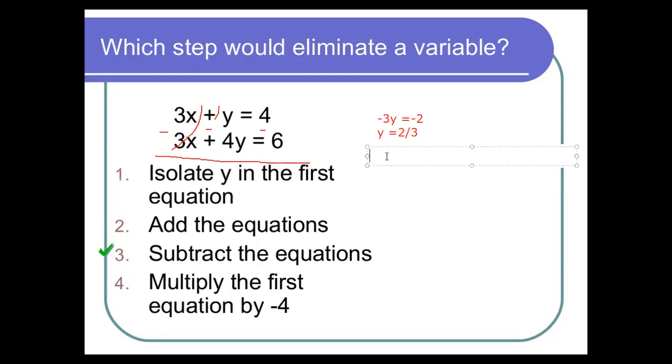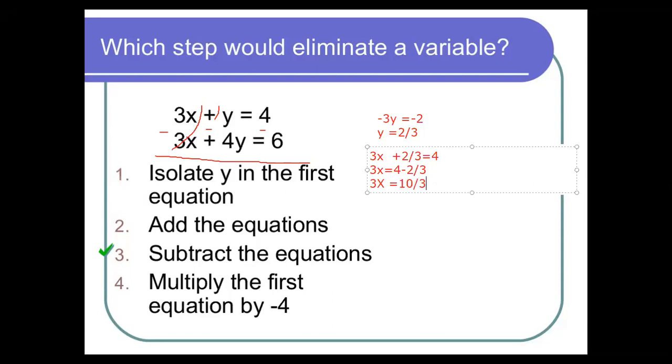Then it will be 3x plus 2 over 3 equals 4. Then 3x equals 4 minus 2 over 3. Please make it quickly. 4 minus 2 over 3 will be 10 over 3.